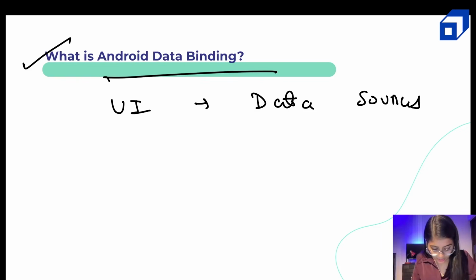Layouts are often defined in activities with code that calls UI framework methods, right? So basically, in short, Android data binding helps you bind the UI with the data without using program code, etc.